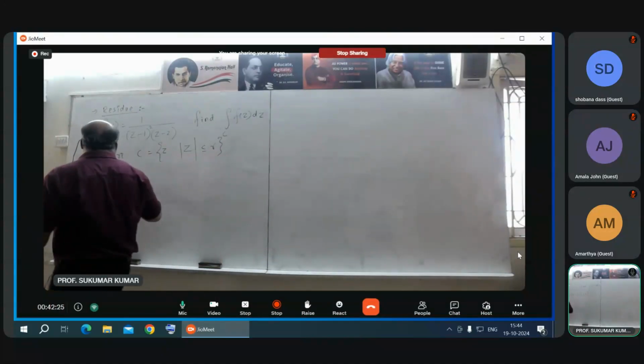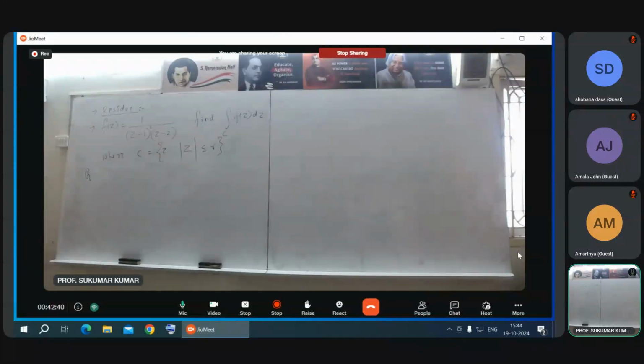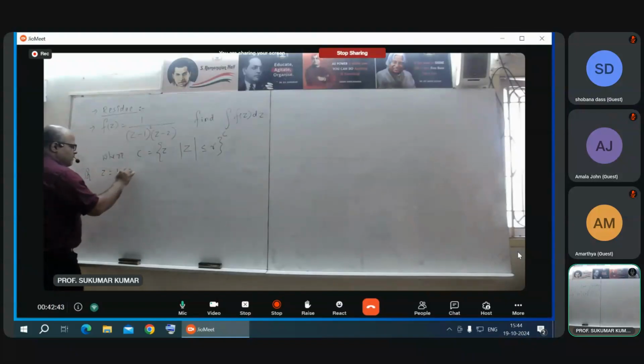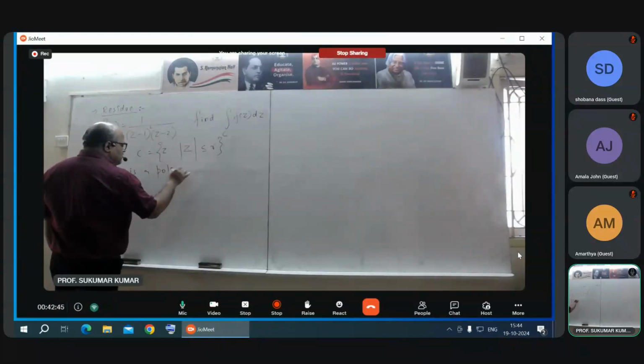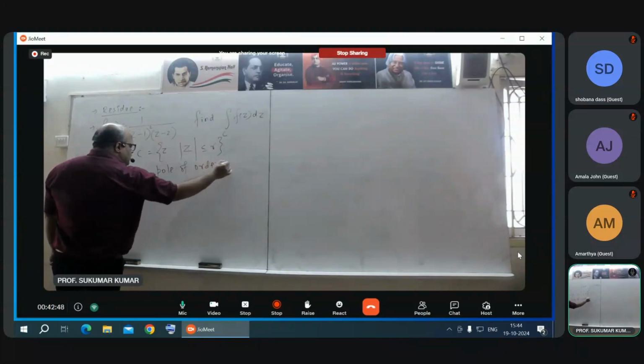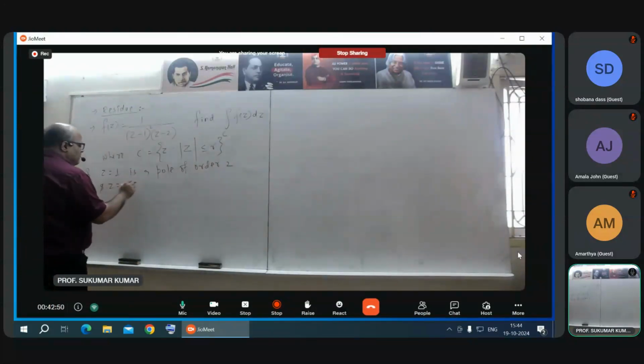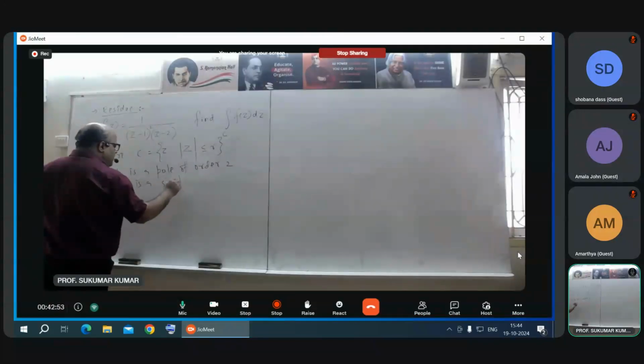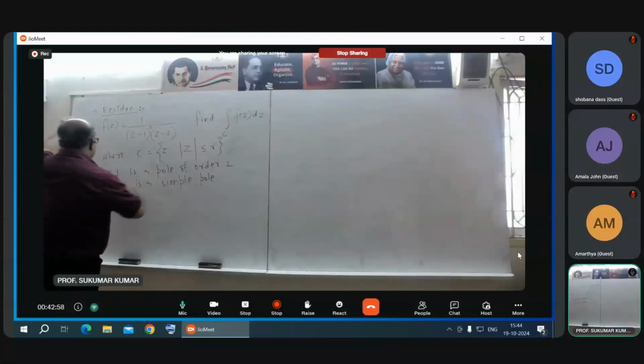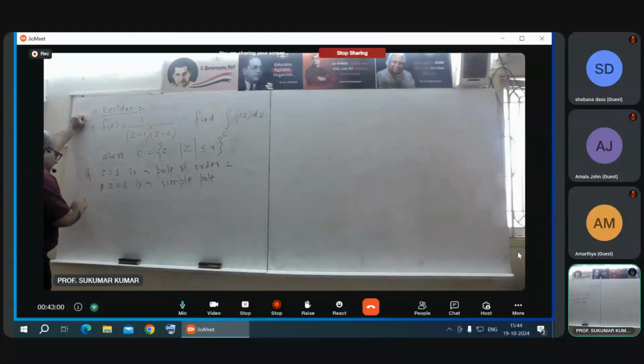We know that whenever a polynomial form like this is given, we can directly tell: power 2 means 1 is the isolated singular point with order 2, power 1 means 2 is a simple pole. Like that we will tell. So first we will find the residues, after that we will see the integral, depending on R. First we will find at 1.